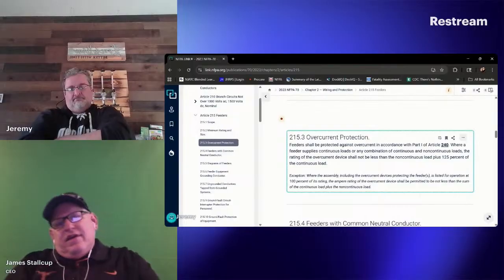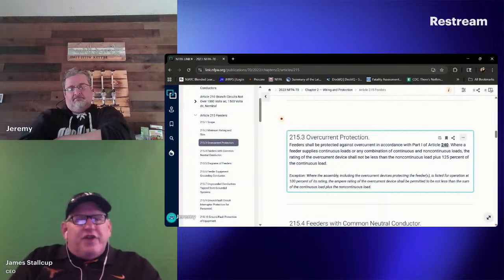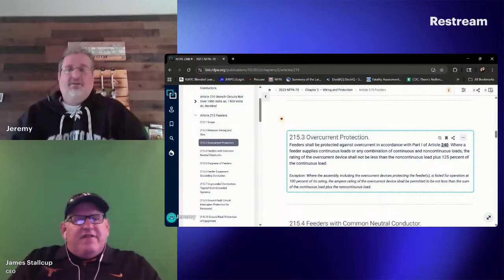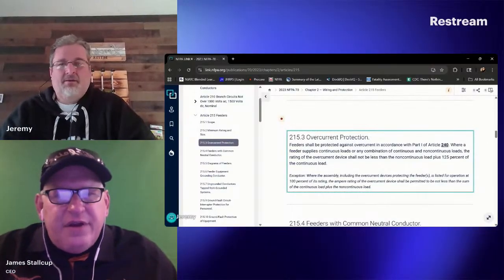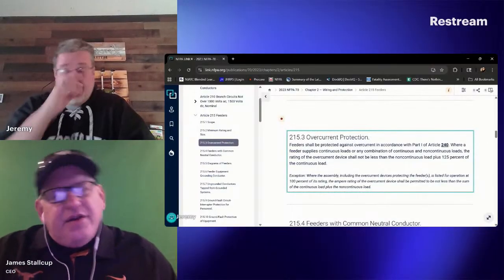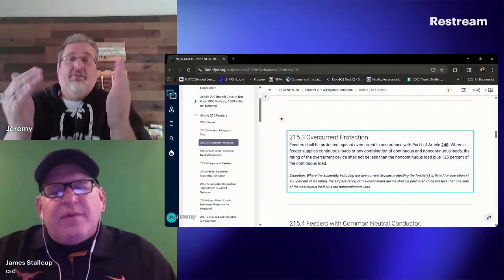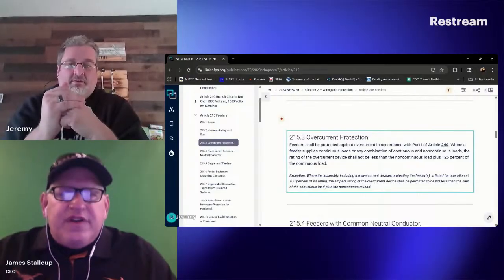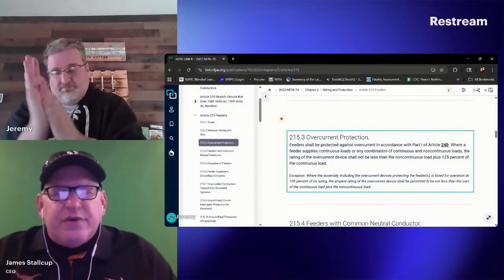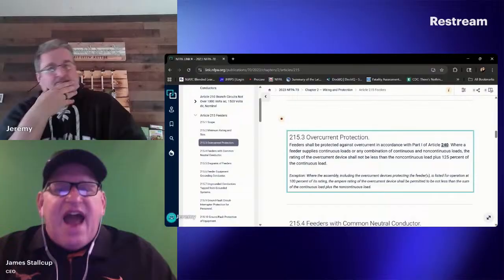Well, I don't have to show documentation, because I give you good examples and show you exactly what the code says. And you know what amazes me? If I go look at Article 314, the very first sentence, or the heading, it says outlet.